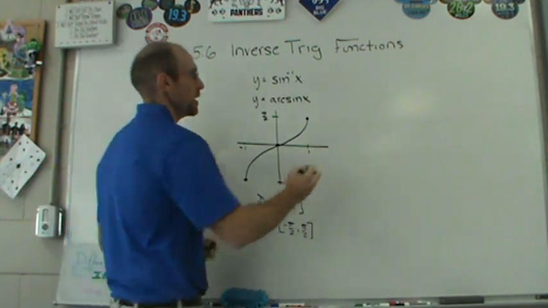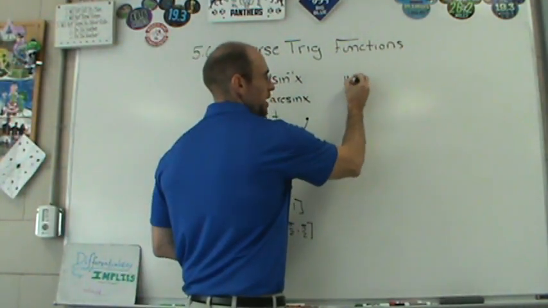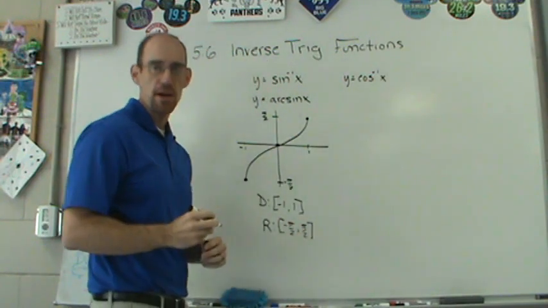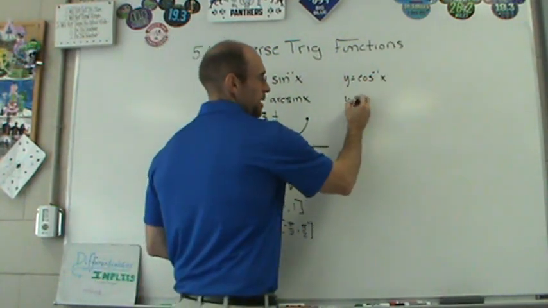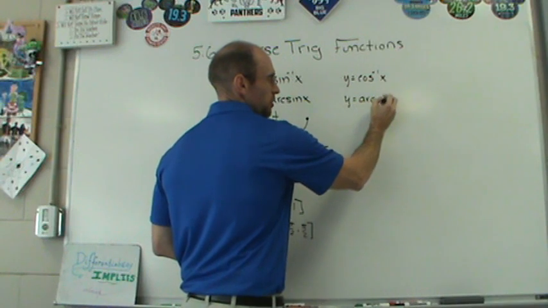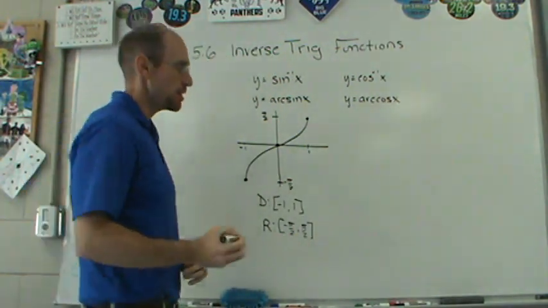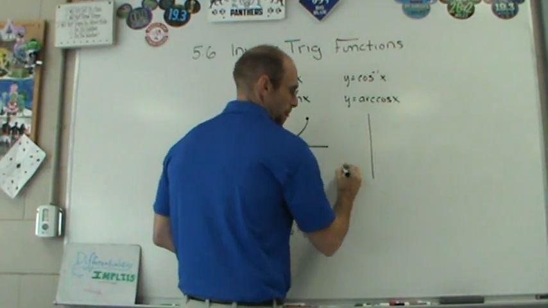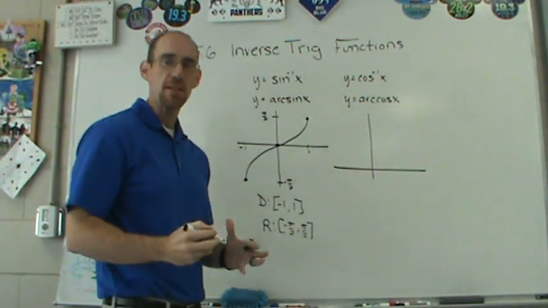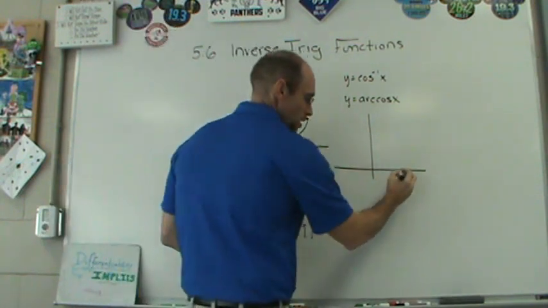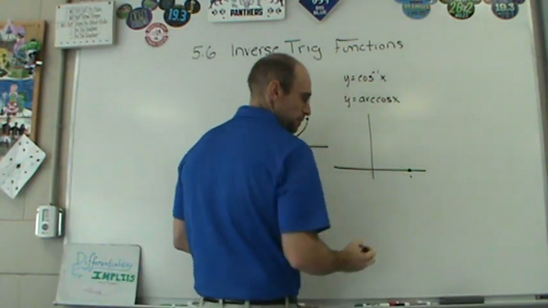Let's do inverse cosine. Inverse cosine, y equals cosine to the negative first power of x, and y equals arc cosine of x. Okay, those are our 2 names. Let's look at the graph. Now for this, again, we can start off with that initial point for cosine, (0, 1). Well, if we flip it, we have (1, 0).